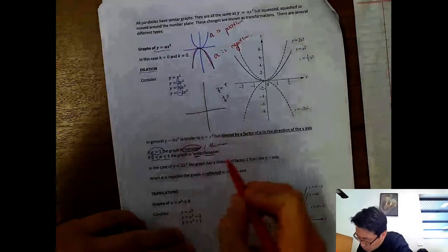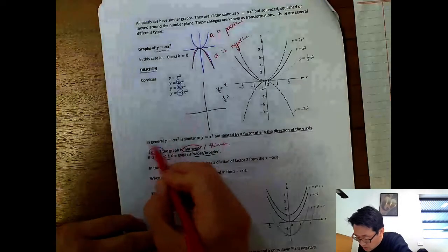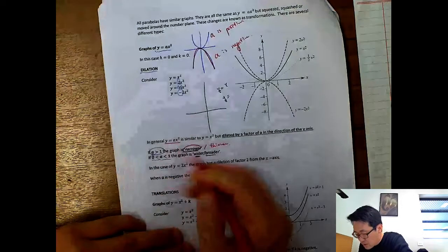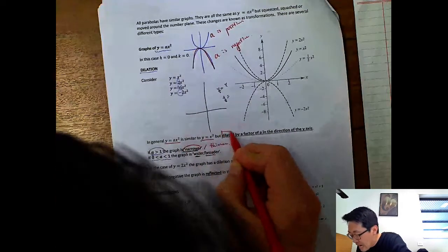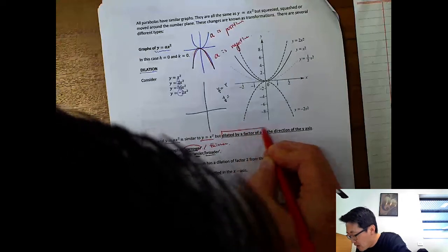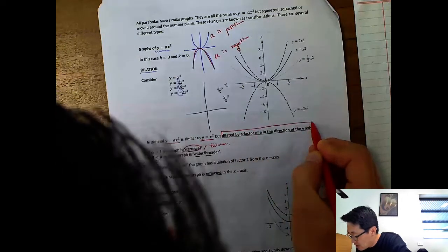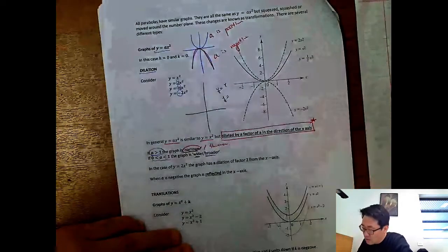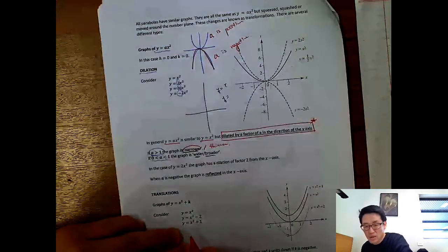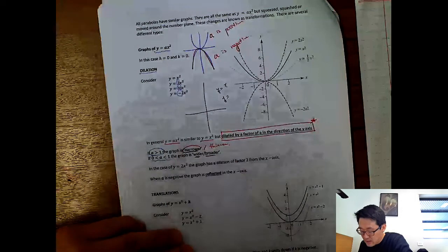So in general, y equals ax squared is similar to y equals x squared, but dilated by a factor of a in the direction of the y-axis. That's how you write it down. Or you write down dilation factor is a.